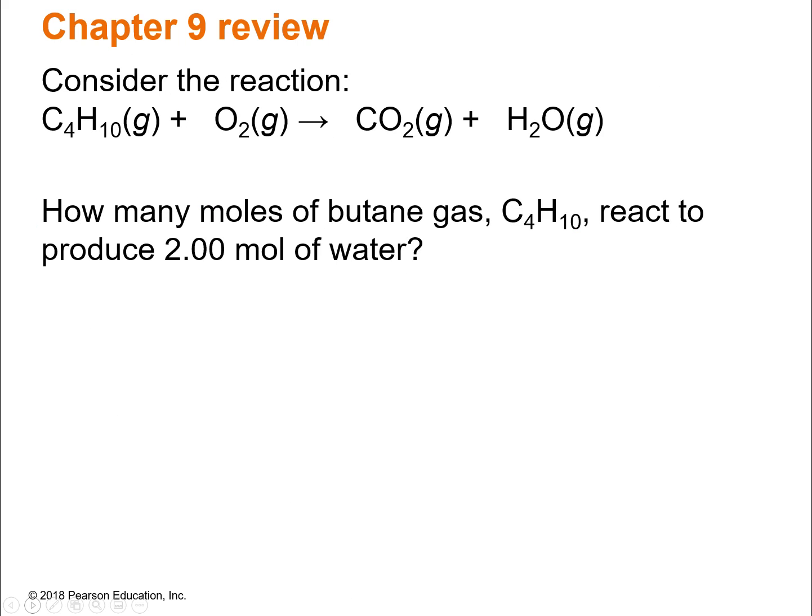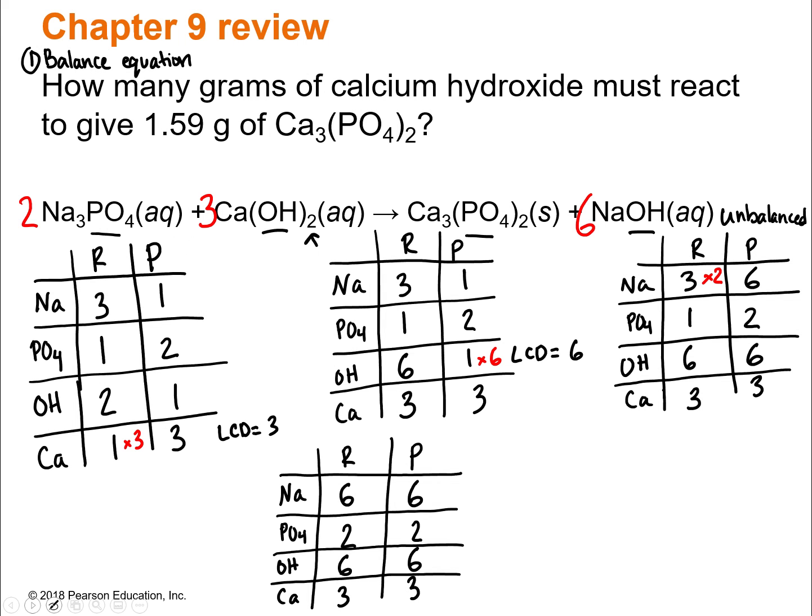I'm not going to go on to the next slide because I don't have enough space. So we balance the equation. Now we have to do a mass to mass problem. And I'll write it out, I guess, right here.